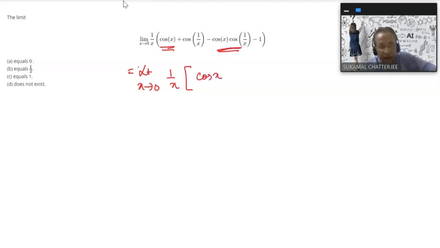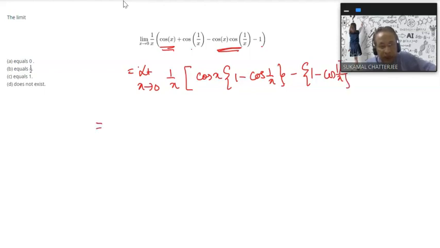So which can be written as cos x into 1 minus cos of 1 by x minus 1 plus cos of 1 by x can be written as minus of 1 minus cos of 1 by x.